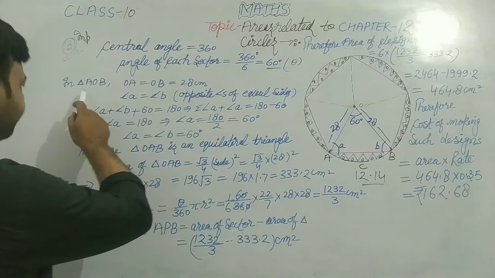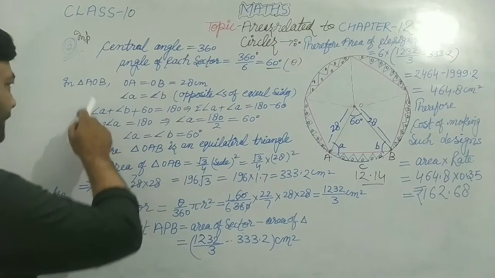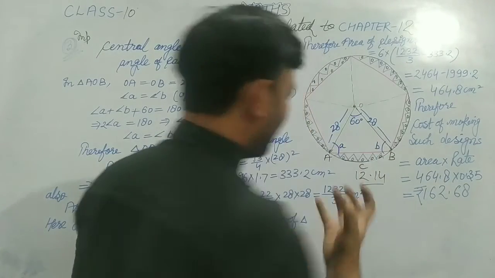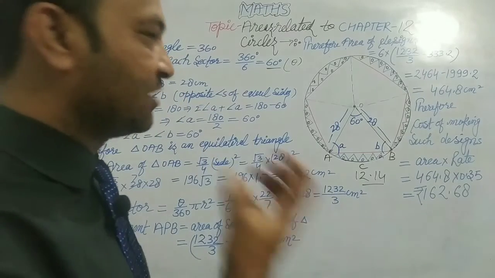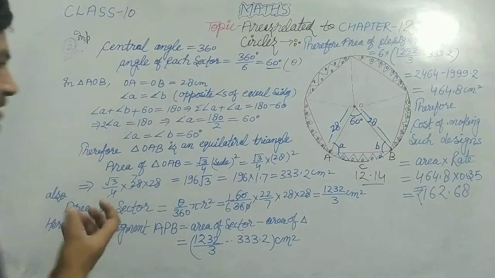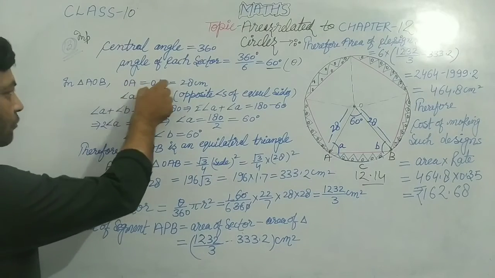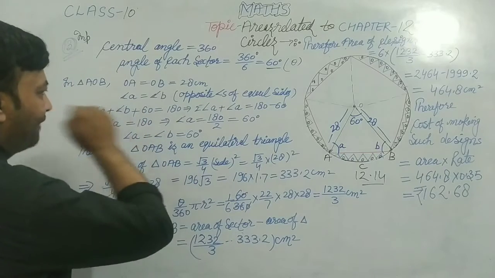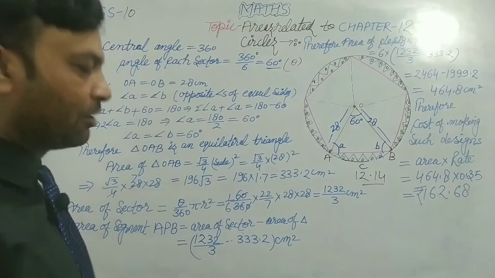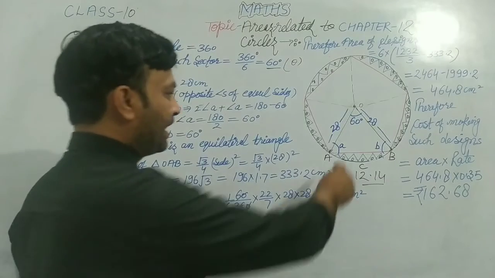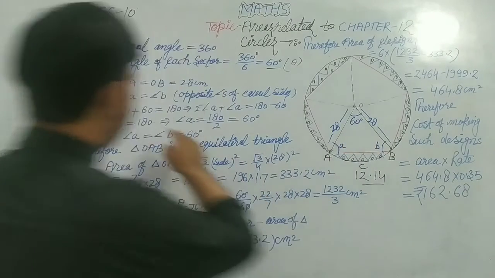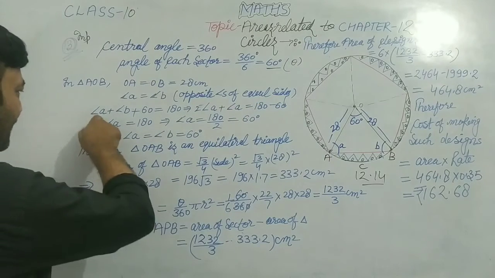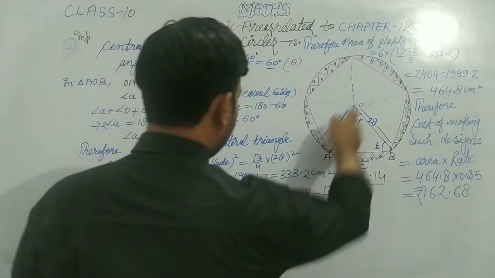So in triangle AOB, OA equals OB. Why? Because both are radii of a circle, and each radius of a circle must be equal. So OA equals OB, 28 centimeter, and we know from the theorem in class 9 that angle A equals angle B, because angles opposite equal sides are equal. So we apply the angle sum property in triangle AOB.